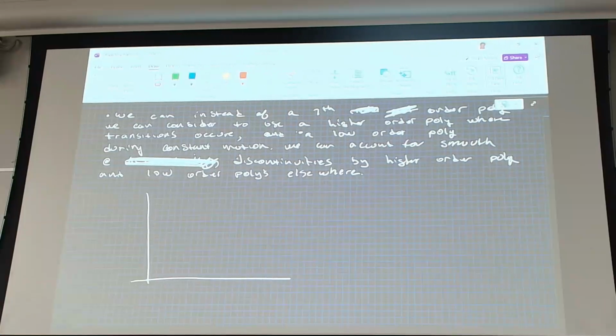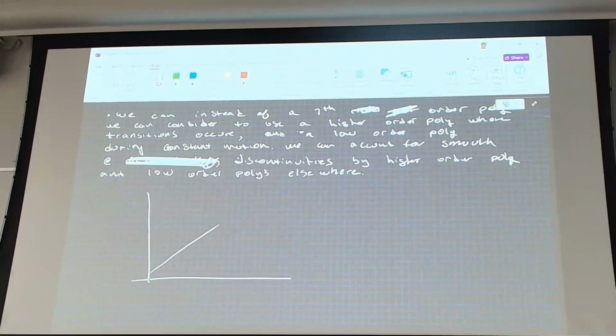So the idea is this. I could look at, say, a fifth order polynomial. Here, I'm starting at 0, and a straight line might have me something like this.